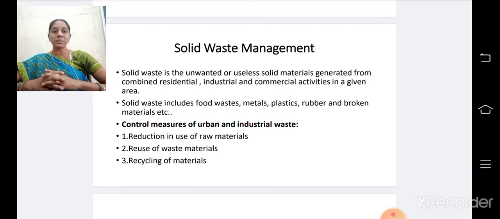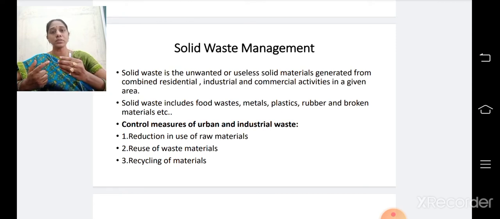So what are the control measures? Especially in urban areas, control measures of urban and industrial waste. First of all, reduction in use of raw materials. We must reduce over utilization of these materials. Reuse of waste materials.